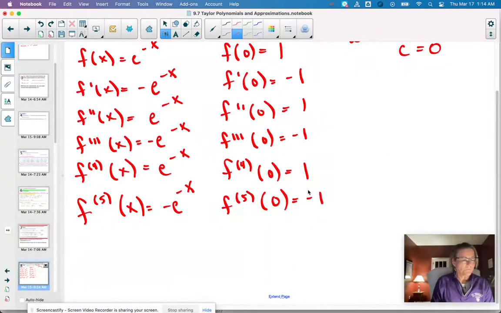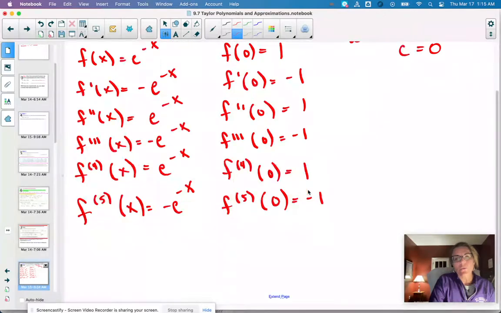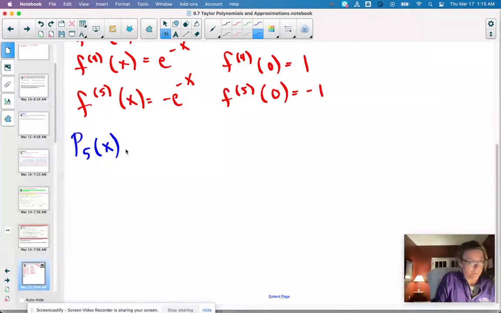So we have all of that done. And so now we're ready to put it all together and create our polynomial. We're creating a polynomial of degree 5. We have to start with the value of the function at 0.